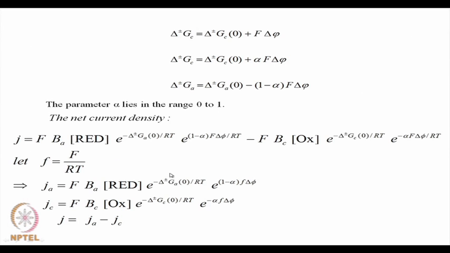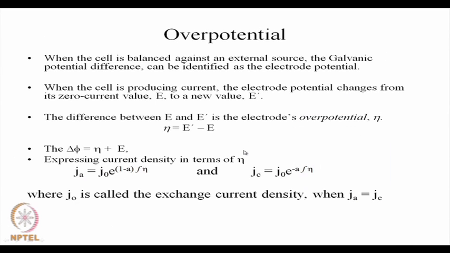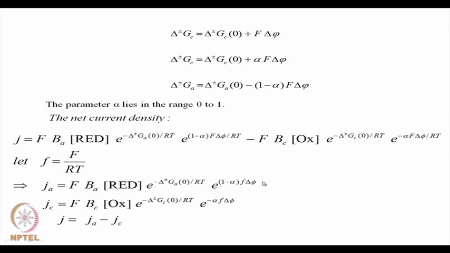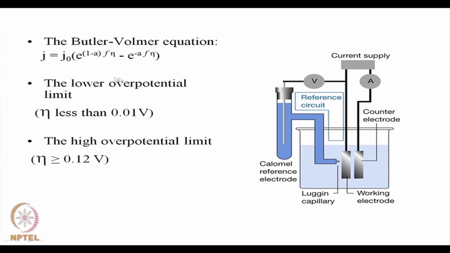Let us go back to the original expression, that net is this, okay, alpha. Here you see that this cathodic part contains alpha, the anodic part contains 1 minus alpha.